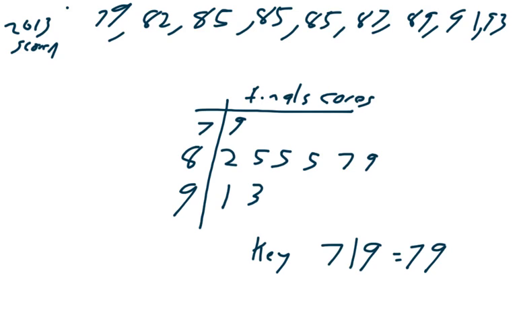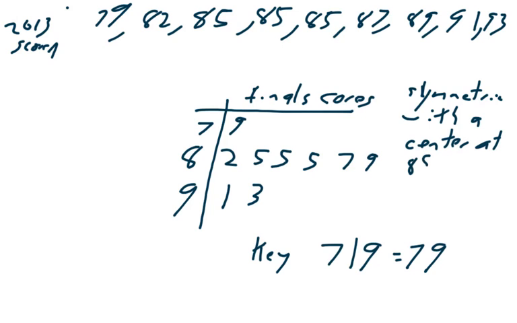So in looking at this distribution, this looks to be pretty symmetric, since we have it on the top. We have, this is symmetric with a center at 85 and a range of 14.